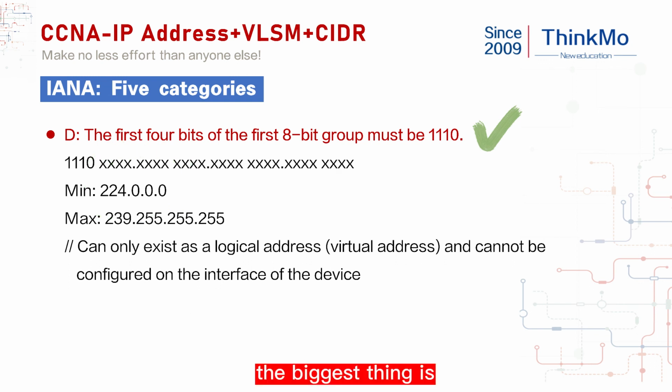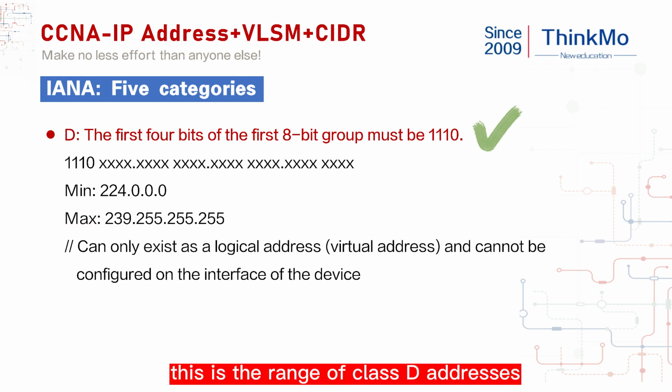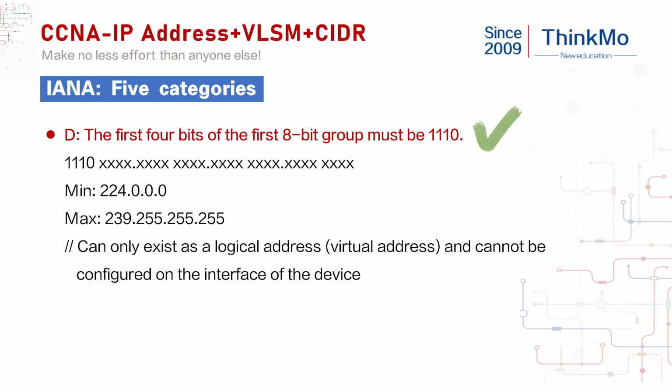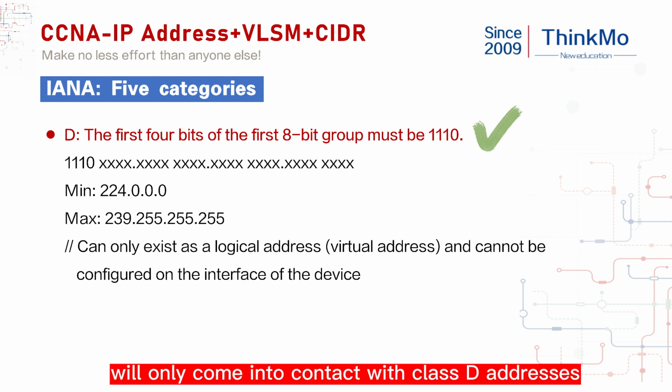The biggest is when all bits except the first 4 are 1, that is 239. This is the range of Class D addresses. But only when you learn IE will you come into contact with real multicast services using Class D addresses.